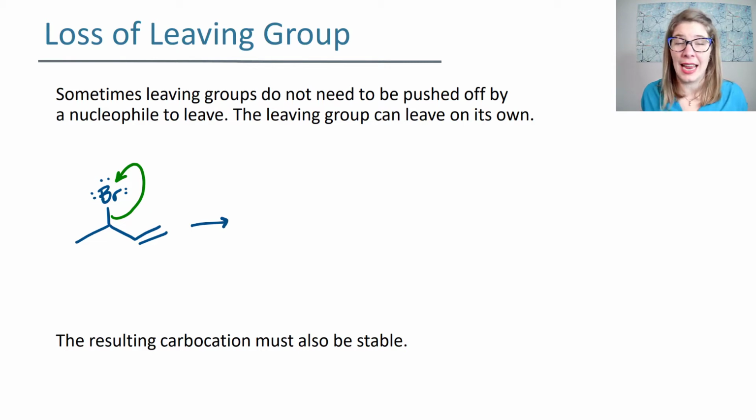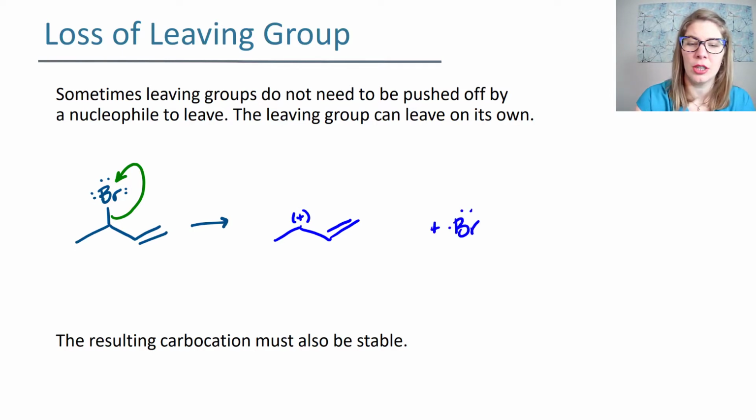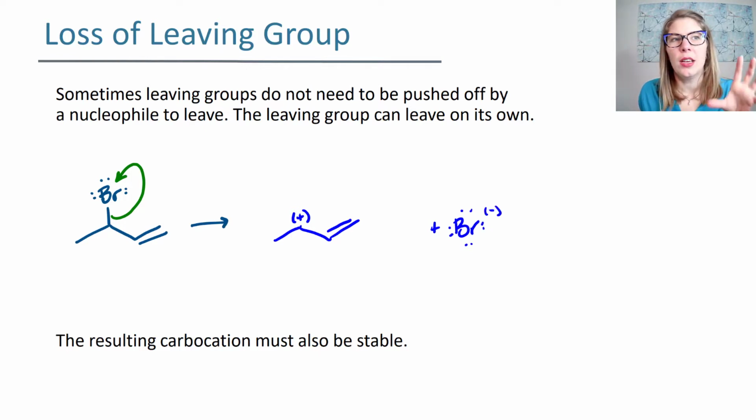In this case, if that bromine were to leave on its own, I'm going to draw the products. Now you would have a carbon here with one less bond, and then you'd have bromide ion floating around in solution. The carbocation is stable, right? The leaving group is stable, bromide ion is a weak base, and the carbocation is stable.